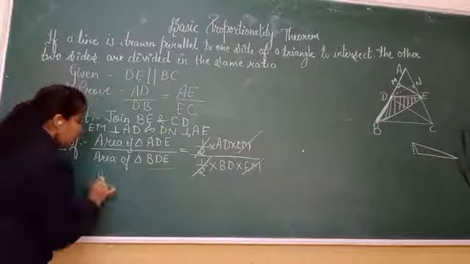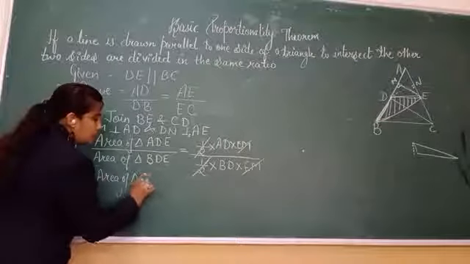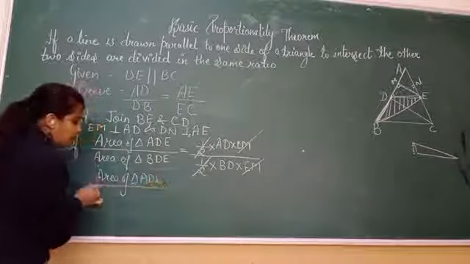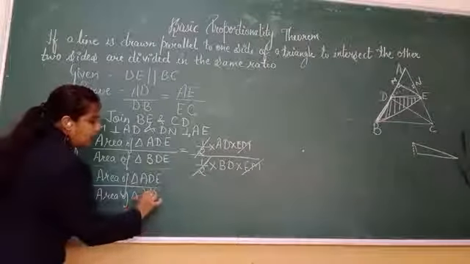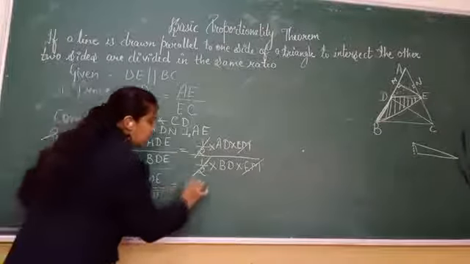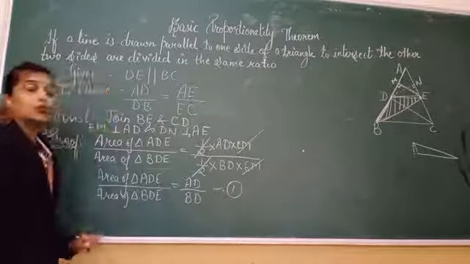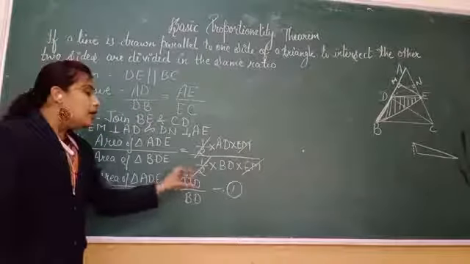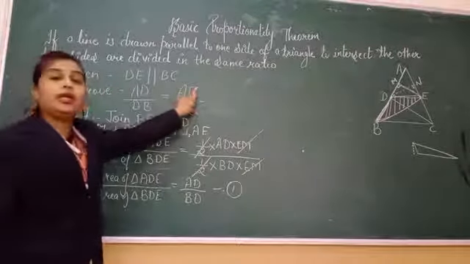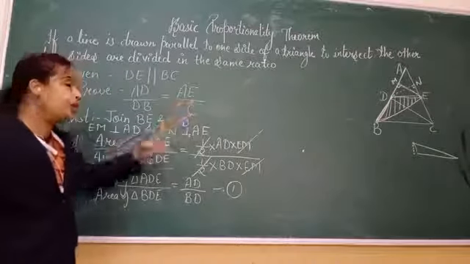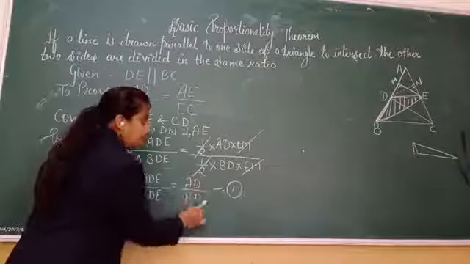What do we get? Area of triangle ADE upon area of triangle BDE is equal to AD upon BD. Let us consider this one as equation number 1. See, we need to prove that AD upon DB is equal to AE upon EC. That's why we have taken the areas such that we get these sides.